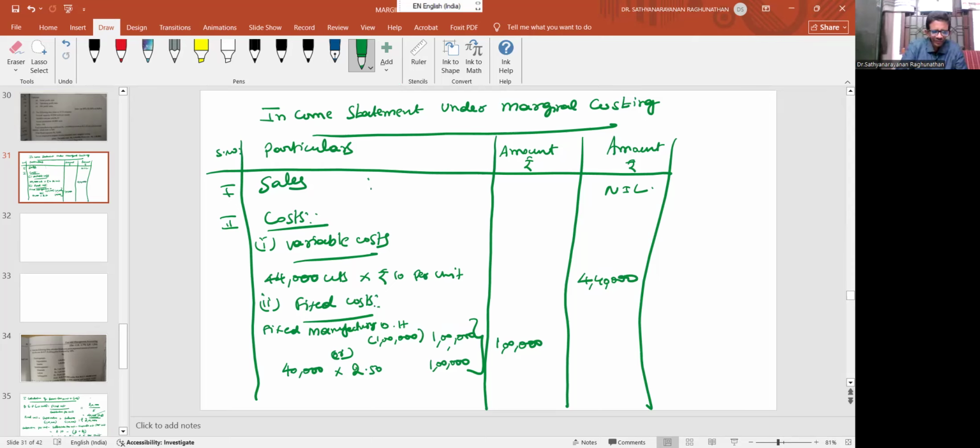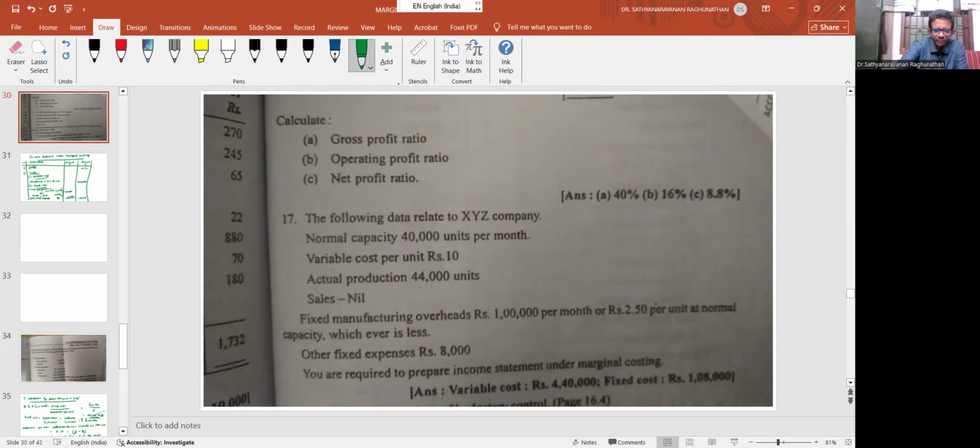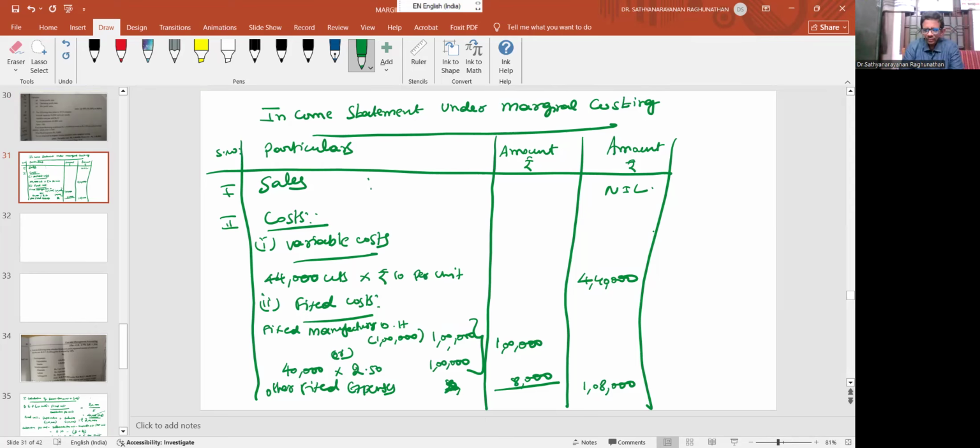So the next one, other fixed expenses, 8,000. So 1 lakh plus 8,000, 1 lakh 8,000. Now, variable cost 4 lakh 40,000.